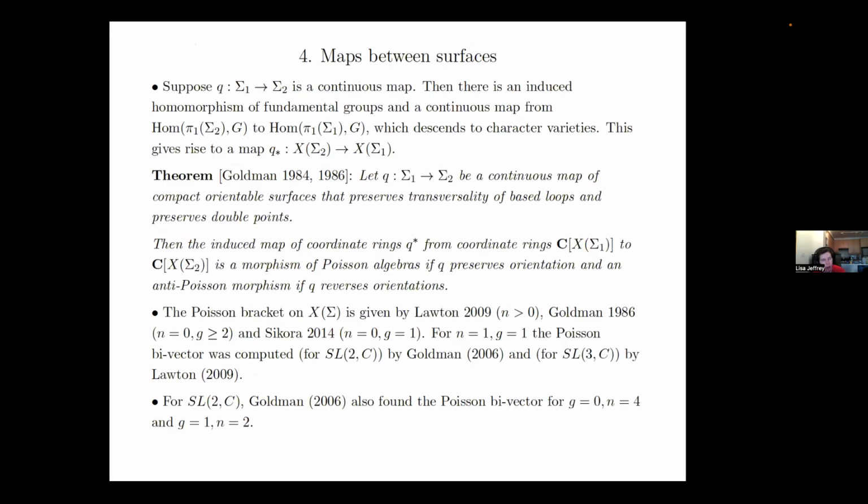So this was Goldman's characterization of the Poisson bracket on the space of representations.